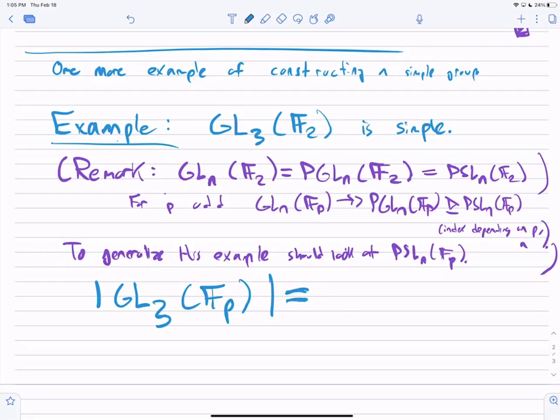Okay, good. So I just got it in chat. It's p cubed minus 1 times p cubed minus p times p cubed minus p squared. That is correct. Can someone besides Sandra, who just wrote it in chat, explain where these numbers are coming from? Okay, thanks.